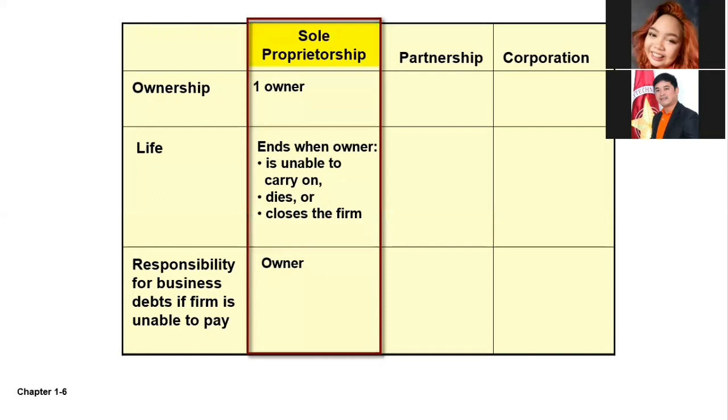Isa. It ends when the owner is unable to carry on, or pag namatay siya, or pag na-close na yung firm, or pag nalugi na. So that's the time the life of the sole proprietorship ends. Okay, so the responsibility for the business debts, if firm is unable to pay, kay owner po lahat ng yun.